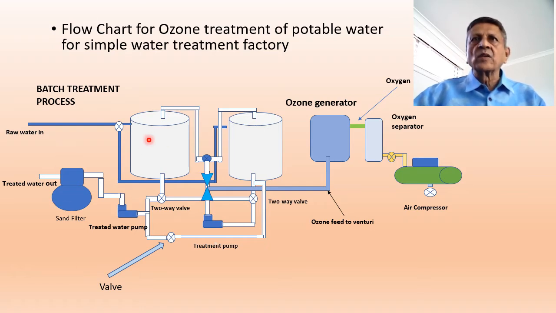There can be either one big tank or two small tanks or two big tanks. Let us say each tank has 10,000 liters or 100,000 liters, whichever the organization would want to have. The raw water goes into both of the tanks and gets filled up.